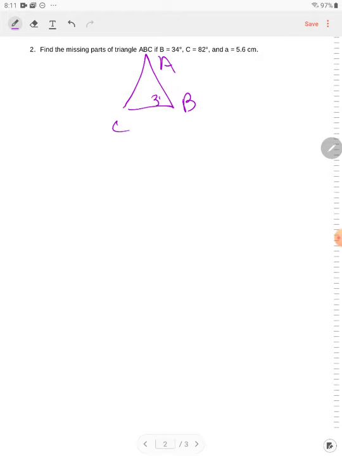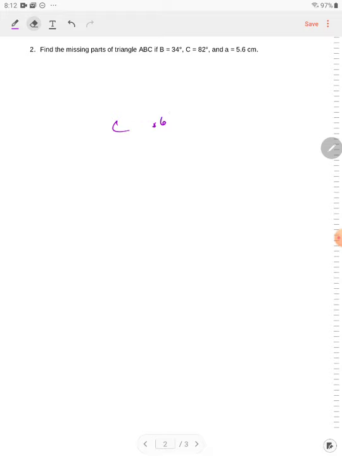B is 34, C is 82, and we'll find A. What's given is angle, side, angle, so we can use the law of sines.